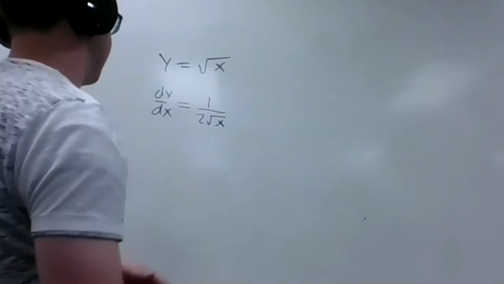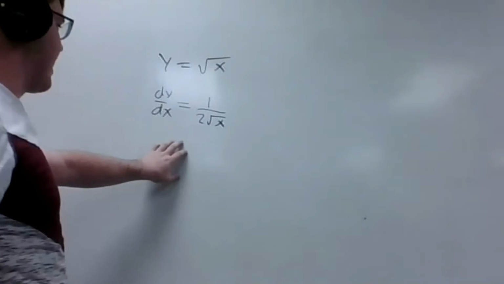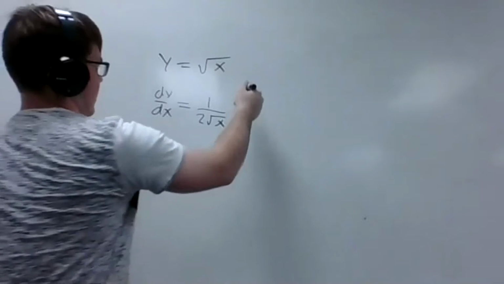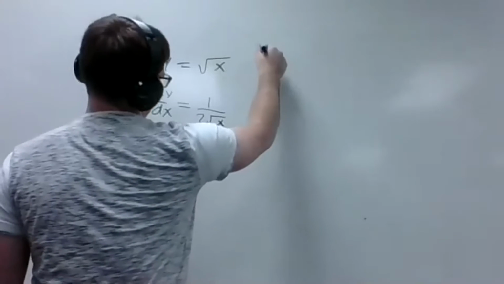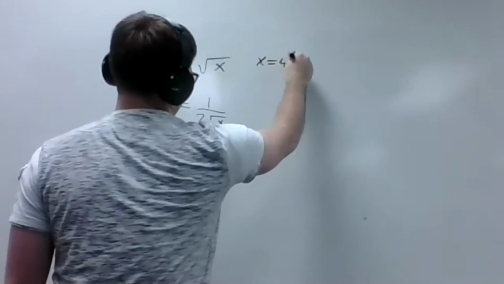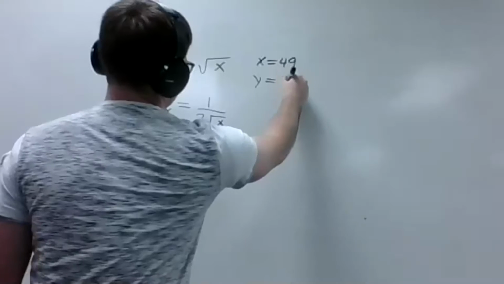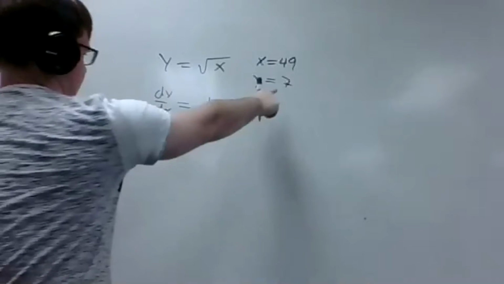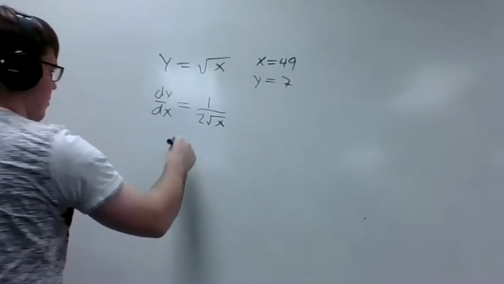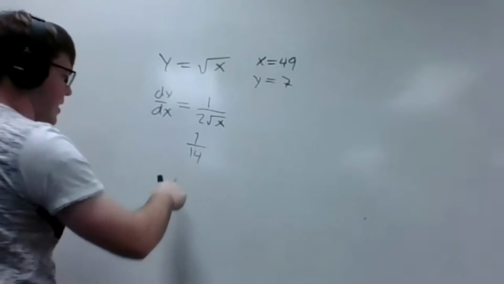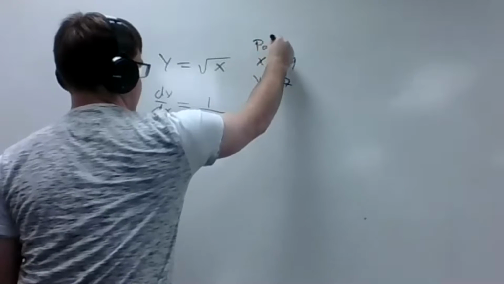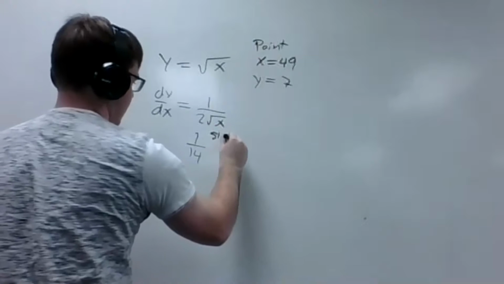Now let's say x equals 49. So y is going to equal 7, and our slope is going to equal 1 over 14.